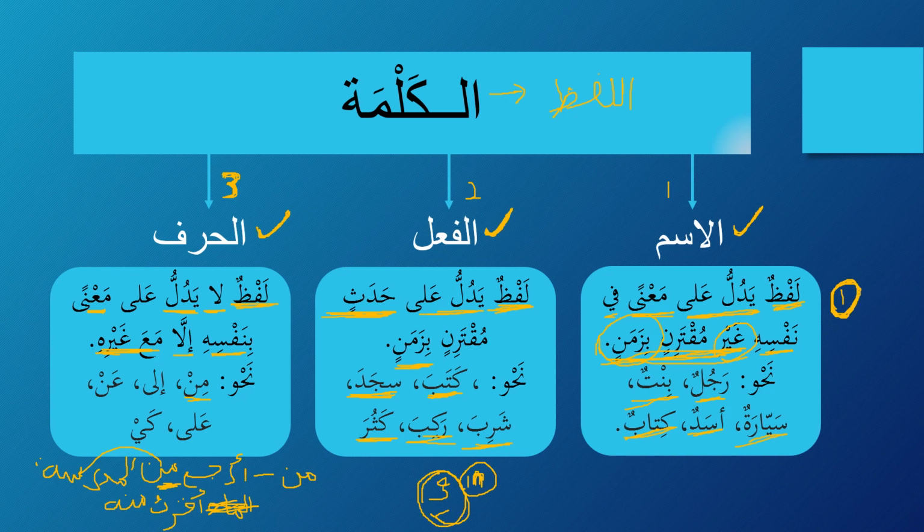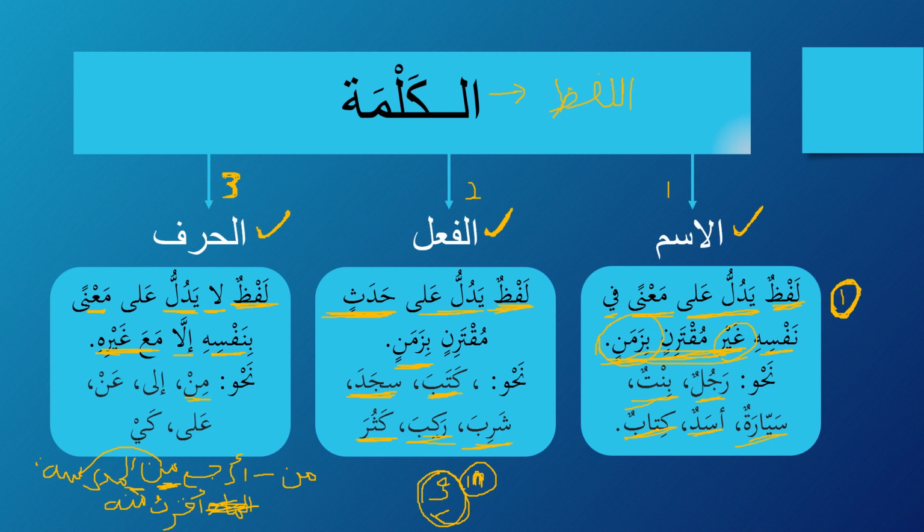You can see this mean here is not meaning from. Okay, akrubu minhu means what? It means I am close to him.